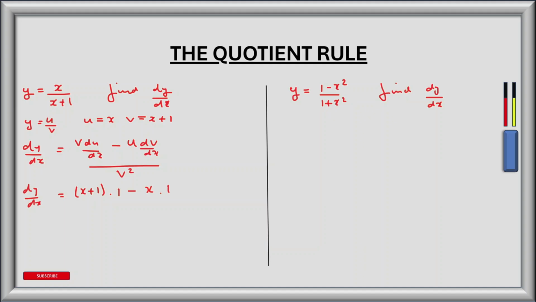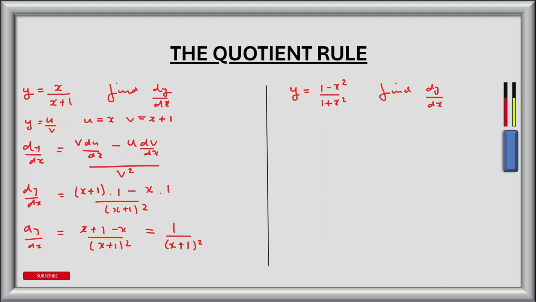And that's all divided by v squared, which is x plus 1 all squared. So dy by dx is equal to x plus 1 minus x divided by x plus 1 all squared, which is equal to 1 divided by x plus 1 all squared.